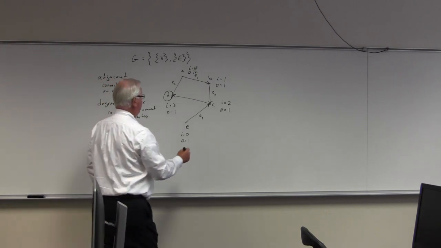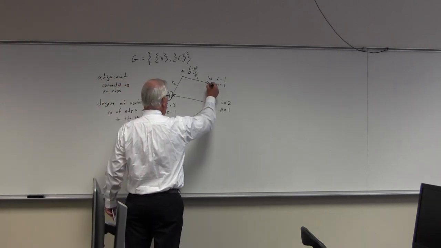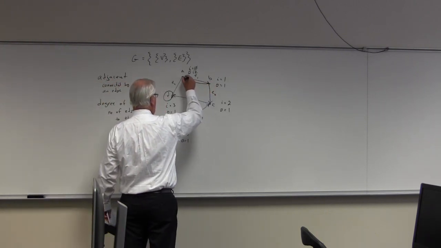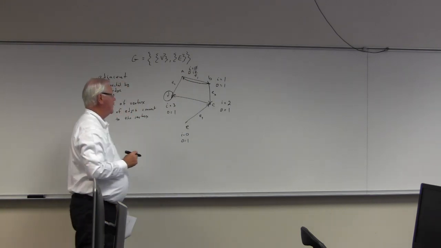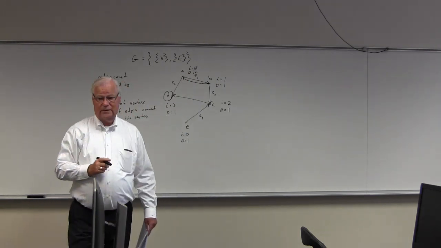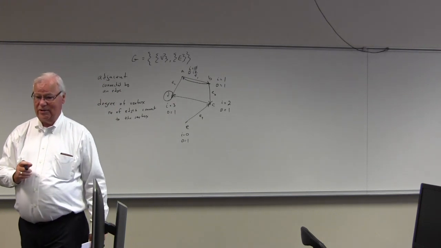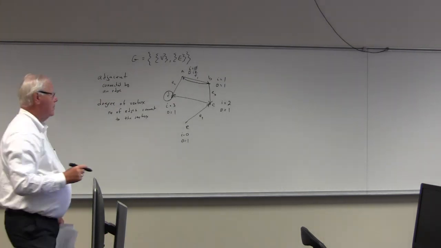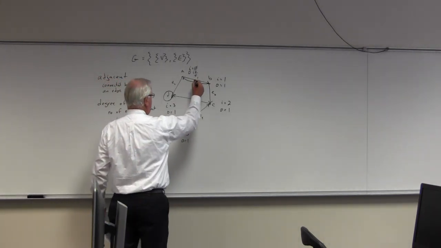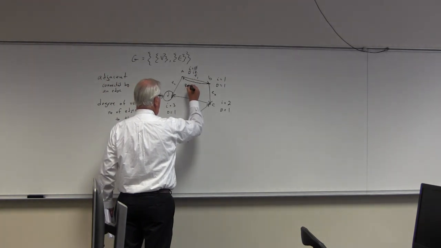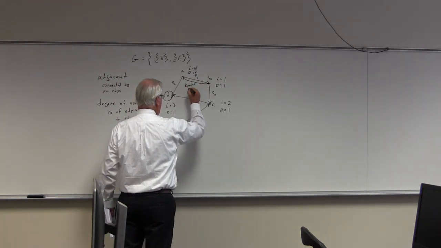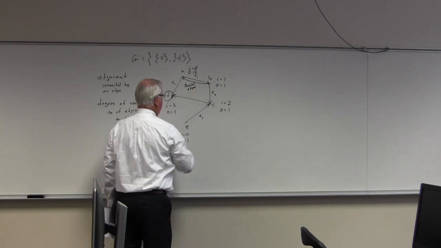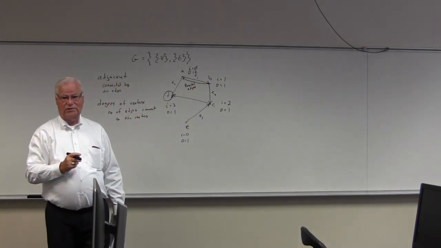If I were to add another edge going this way between A and B, of course that's going to change my in and out count, isn't it? But we would call these two edges parallel edges because they connect the same 2 vertices.